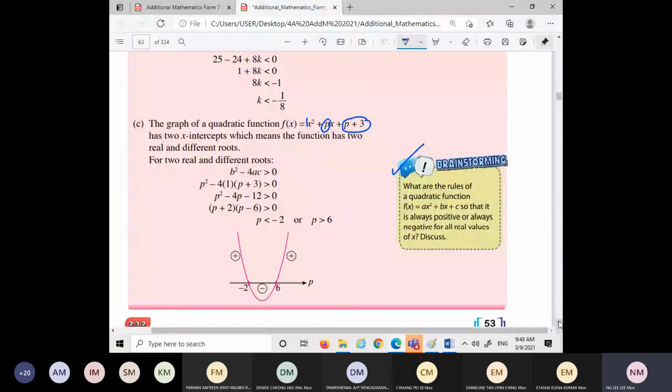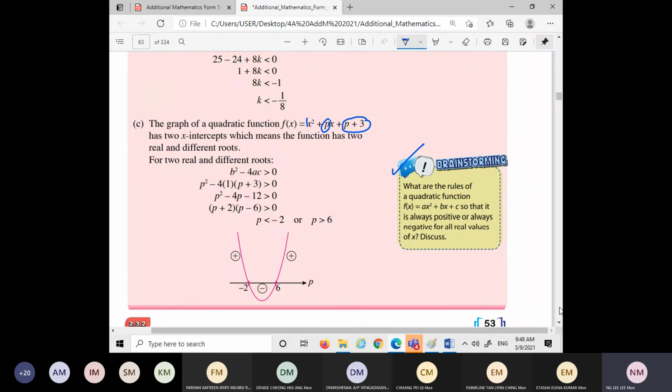Maybe I want to try one more question. Page 63, question 2. Continue for these conclusions.